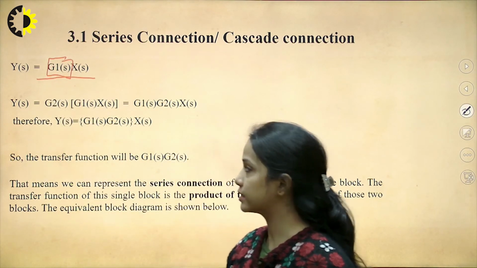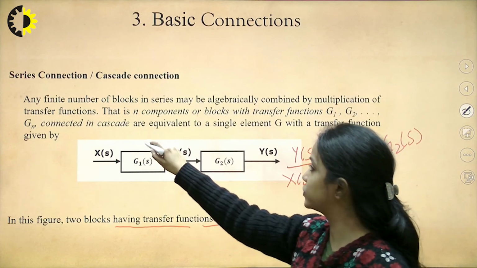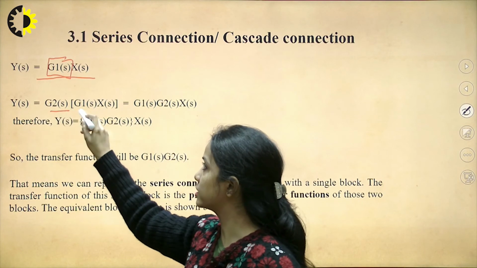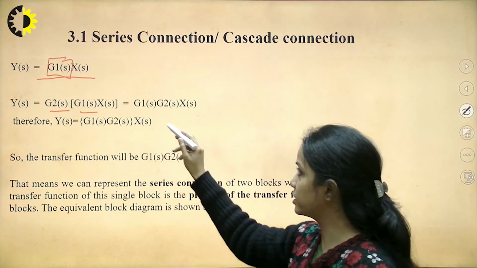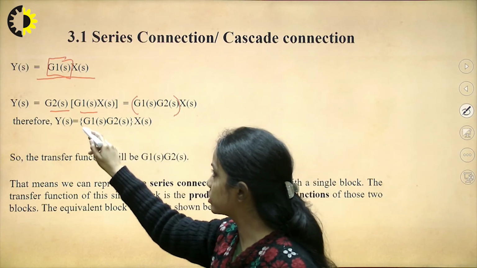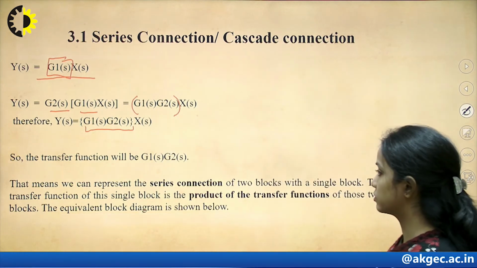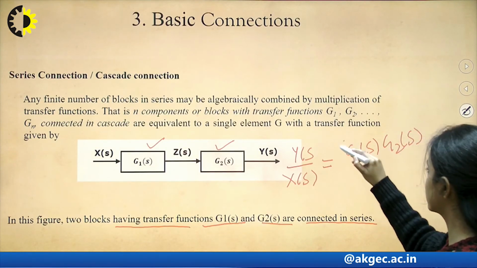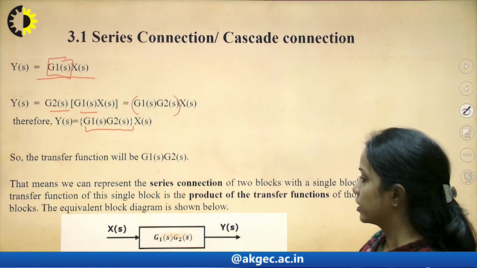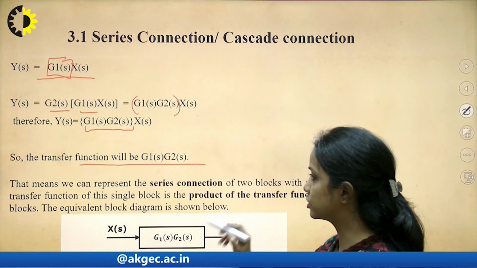Now let us consider the previous example where we have G1(s) and then G2(s). Simplifying it, it becomes G1 and G2 together like this. So the overall transfer function is G1 and G2.